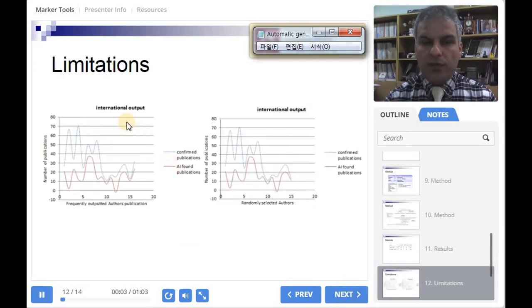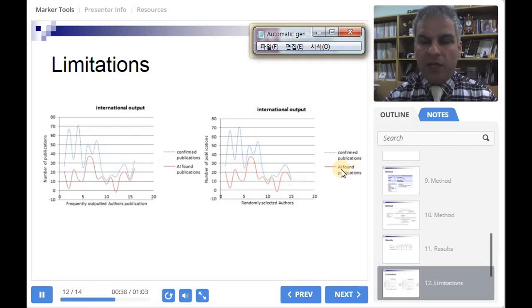Because we used 3 national databases, our international articles were not included in those 3 datasets. So missing articles was our limitation of this work. We believe if we add more databases to our method, we can improve the result in our next work.